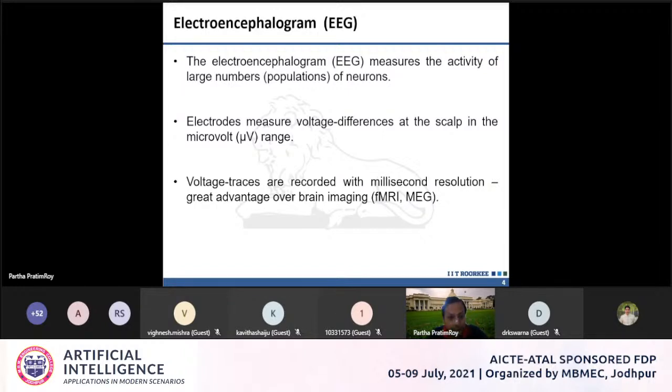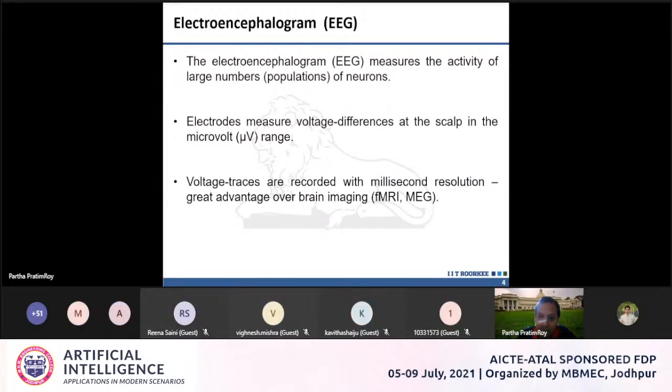So this voltage difference is recorded with the electrodes, and if you see these signals, it is called EEG. This voltage difference is also recorded by other devices called fMRI, MEG, and others.